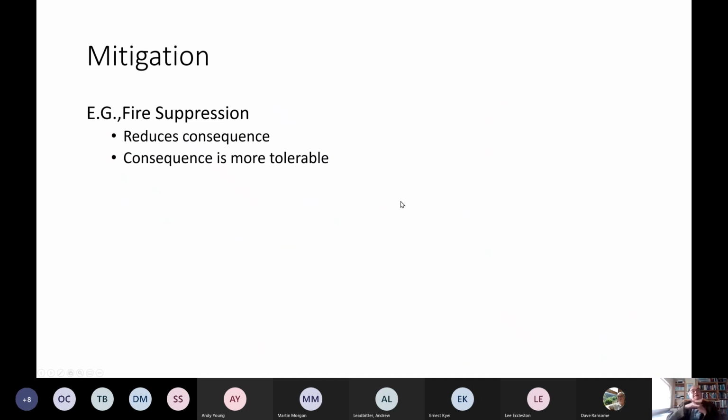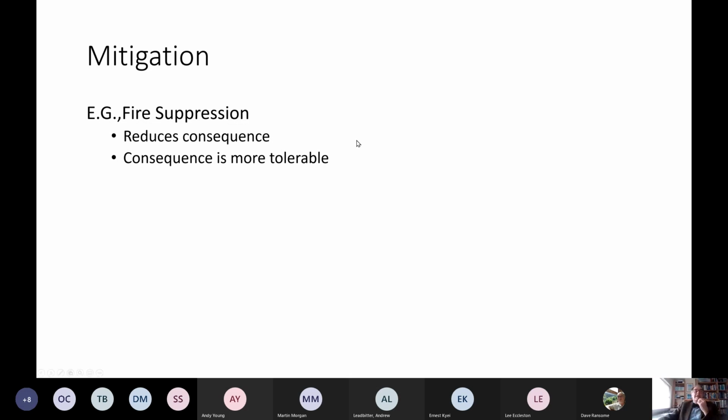Okay, so the next item I want to look at, that's the timing issue explored, and this question of whether the independent protection layers are invoked before or after the proposed safety instrumented function. Let's consider now mitigation, and the classic example is fire suppression.